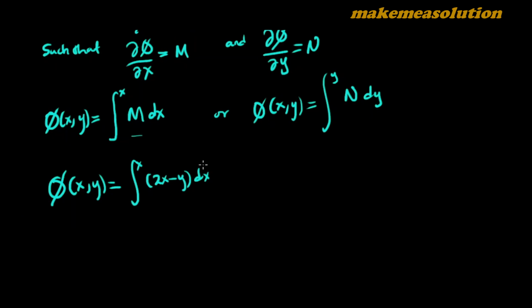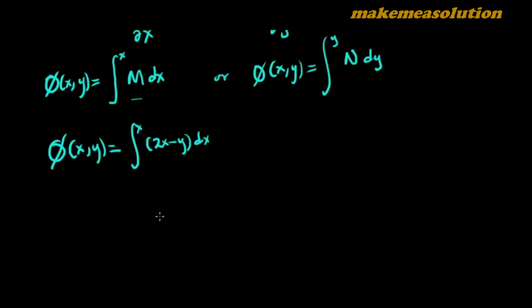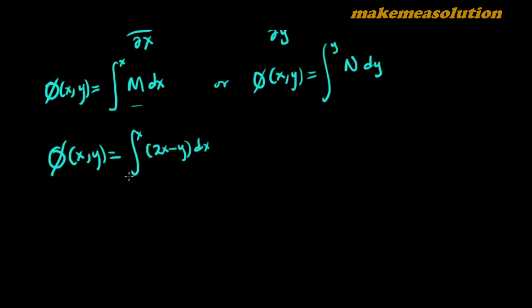Since M and N are balanced in this case, no one is harder than the other, we just want to use M so that you see how integrating from the x angle is going to be. Now that I have chosen phi of x, y to be the integral with respect to x of 2x minus y, we are going to integrate partially with respect to x.